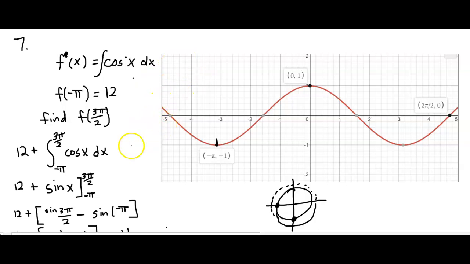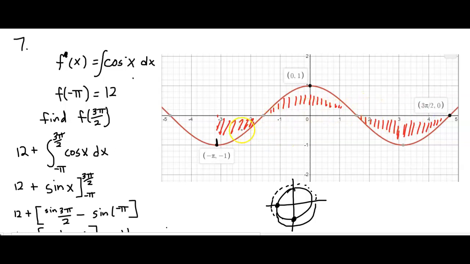And so we're starting off at 12, and we're accumulating. You can see you have some negative area here, and then you're adding a whole bunch of positive area, and then you're subtracting some more area, all the way up to here.